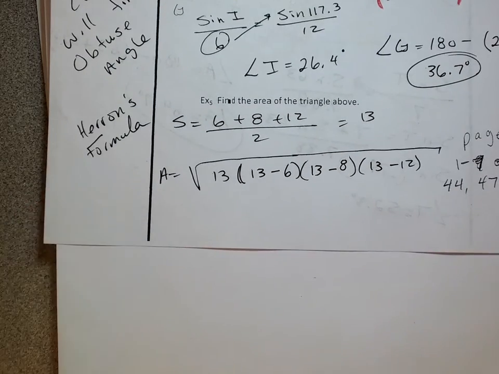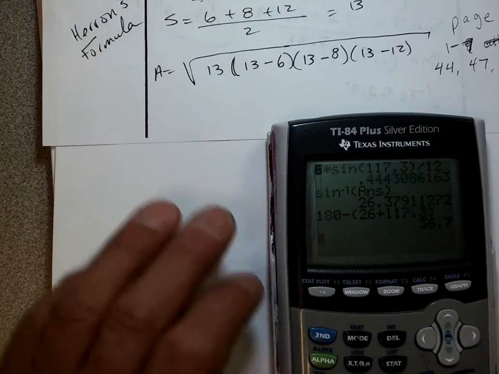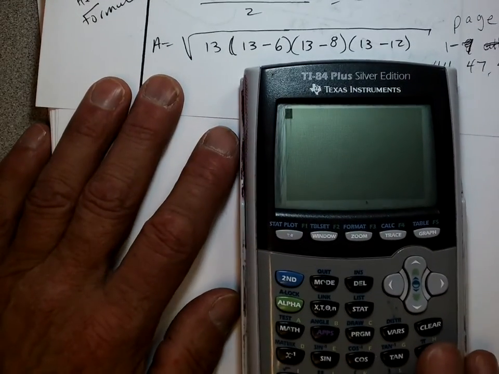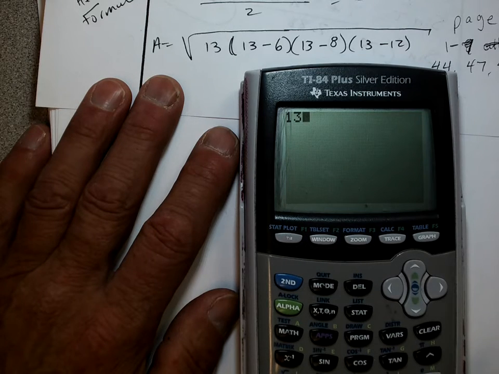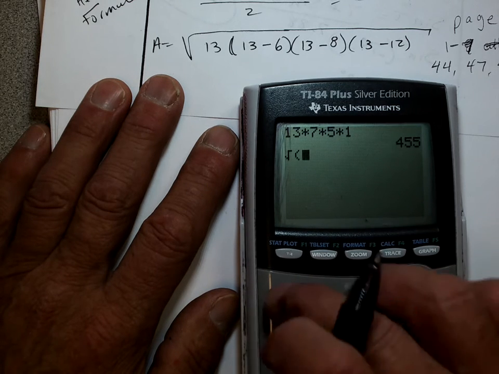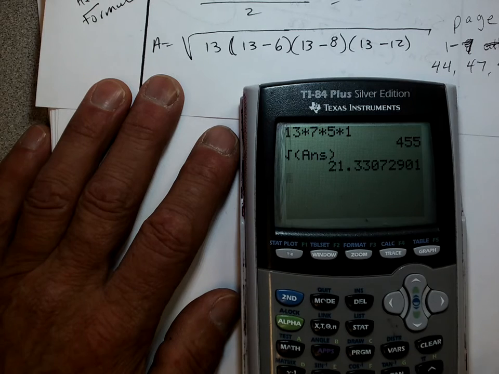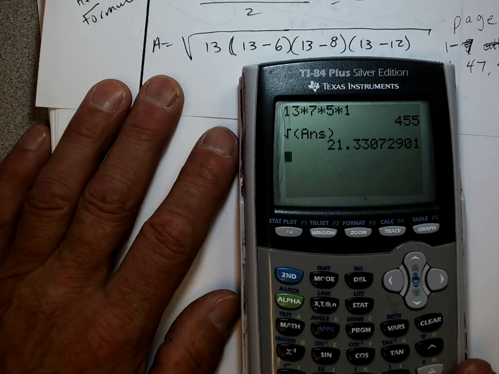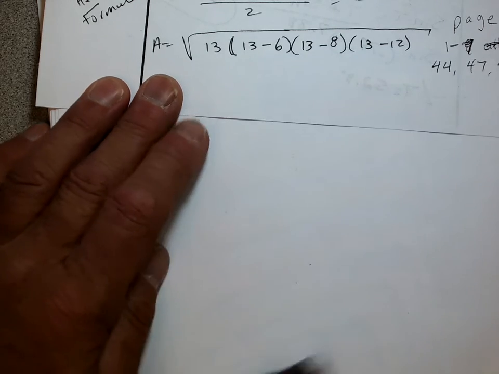And I just got to put that big ugly thing in my calculator, right? I'm going to do it in 2 steps so I don't mess up. 13 times 7 times 5 times 1, square root that answer. Boom. About 21.33. Did a whole bunch in my head, right? Because we're smart, right? So 21.33.